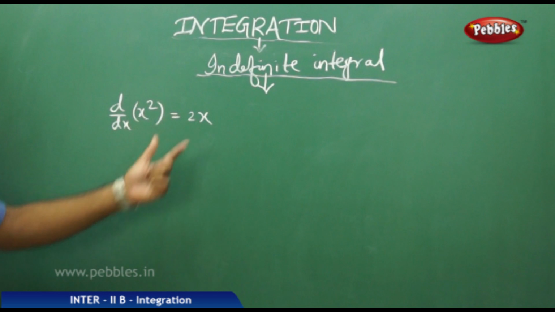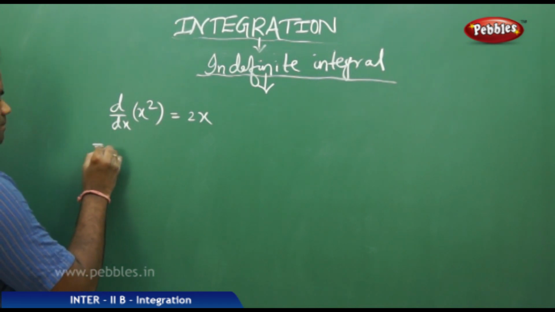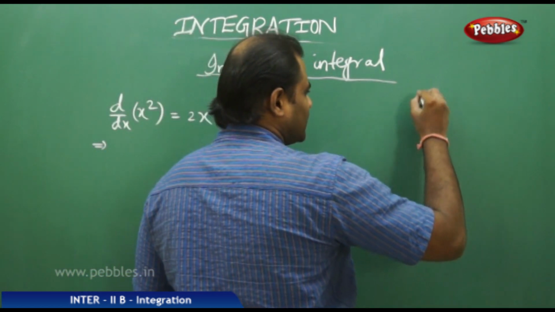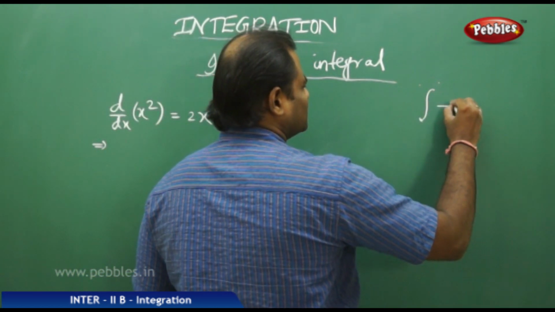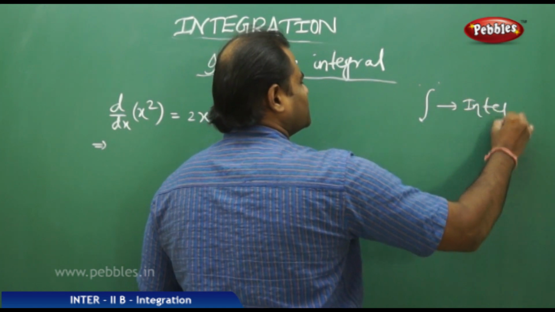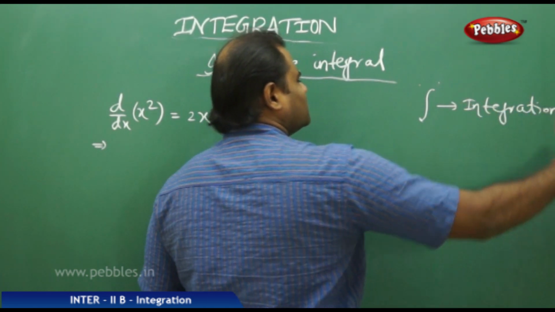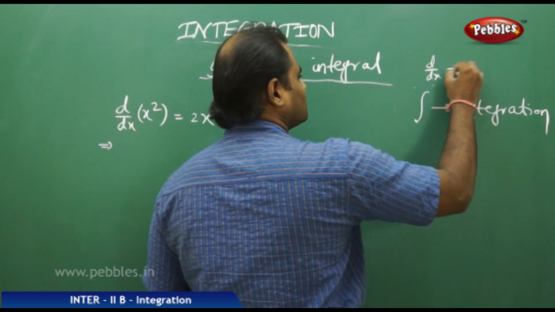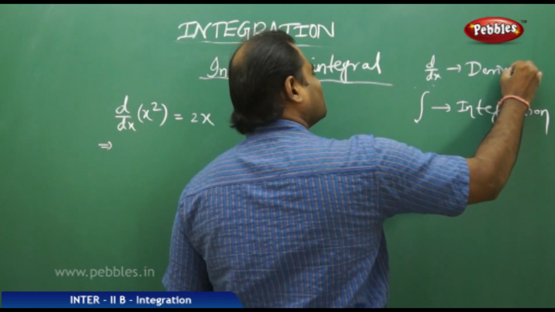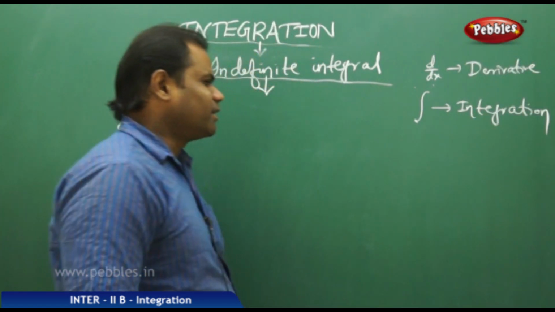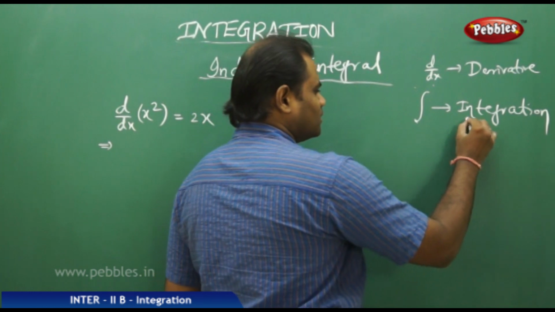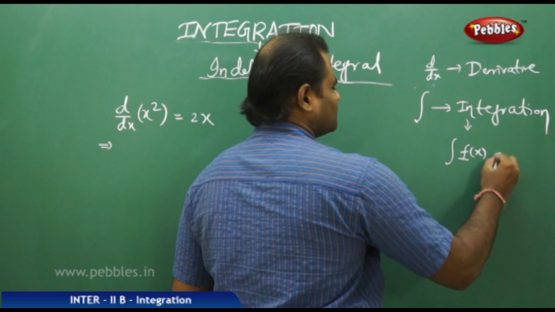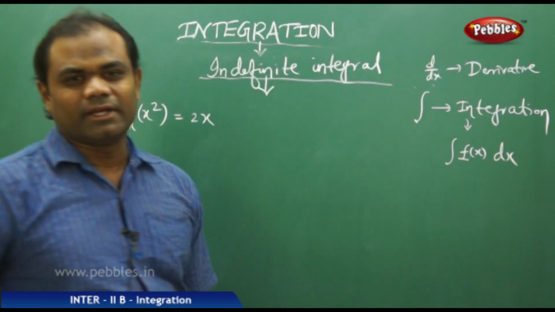That implies my integration, which is generally denoted by an elongated s or summation s, is the symbol for integration. So as I denote the derivative with d by dx, my integration is denoted with the integral of some function f of x dx.